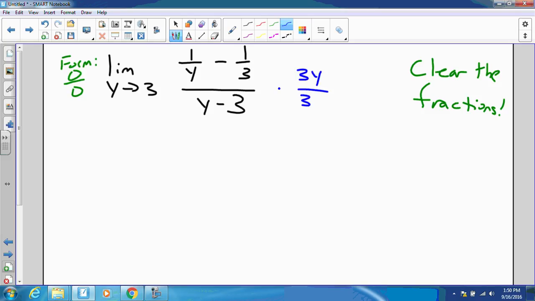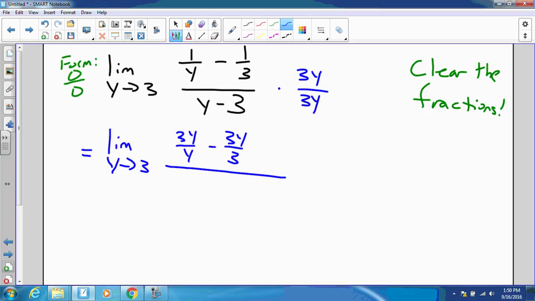So if I multiply top and bottom by 3y, like so, then in the top, I get 3y over y minus 3y over 3. Distribute. And at the bottom, I get y minus 3 times 3y. I'm not going to bother to simplify that unless I really need to.